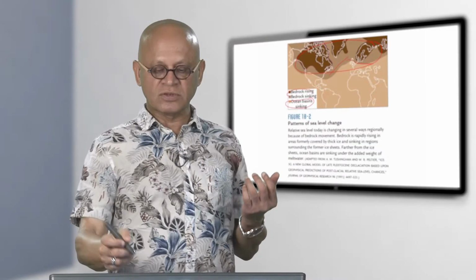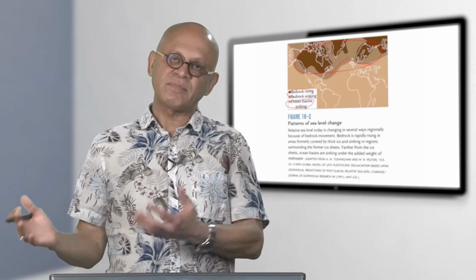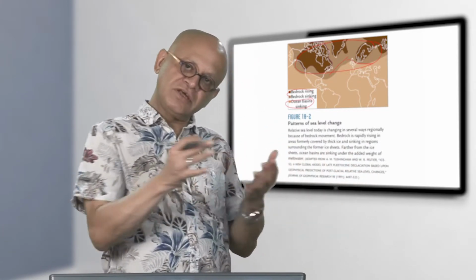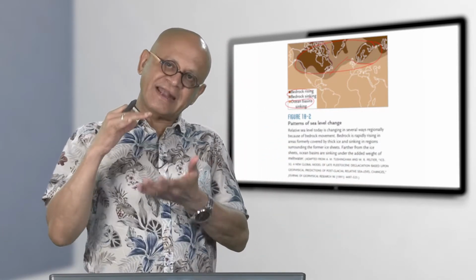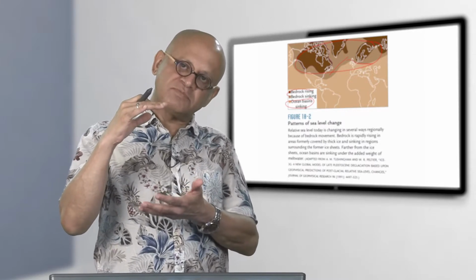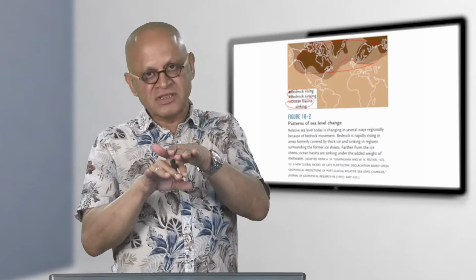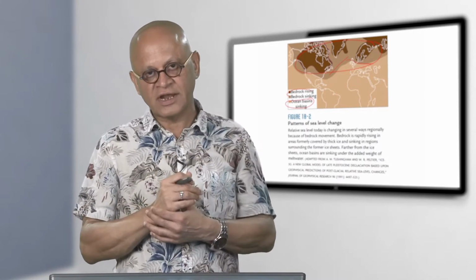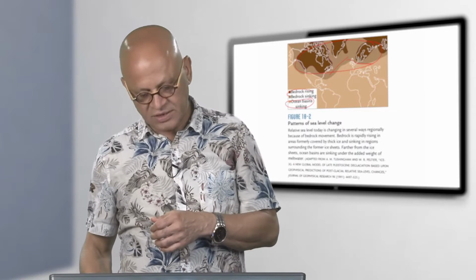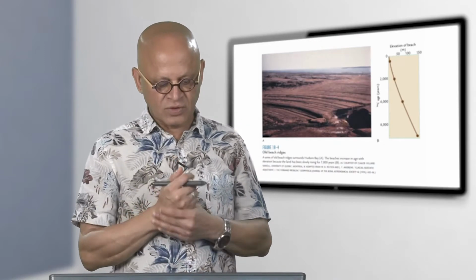Why? Because all that water that was locked up in ice is being released into the ocean. The weight of the new water being put into the ocean is pushing the ocean basins down. So, that means the relative sea level has to be looked at carefully, as we will see. These are some things we have to remember.